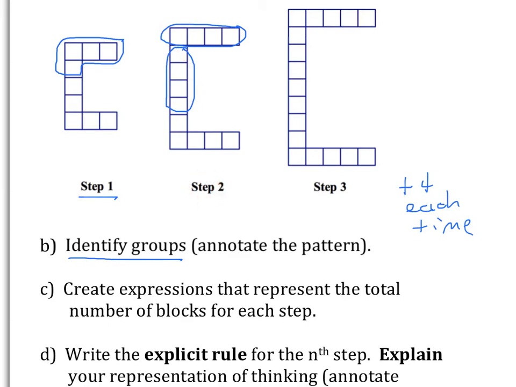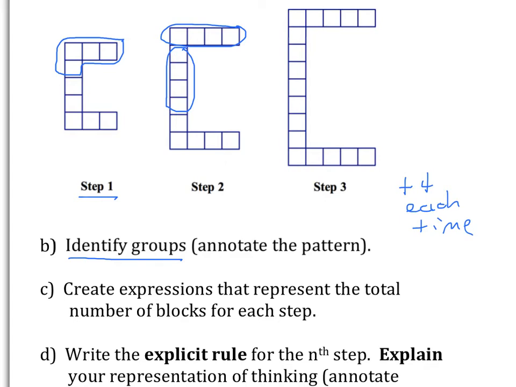Now the other thing I notice about this when I start to do this, one group of 4 left 1, 2, 3, 4, 5 blocks remaining. Two groups of 4 left 1, 2, 3, 4, 5 blocks remaining. So each step, when I'm grouping 4, I have 5 blocks remaining.